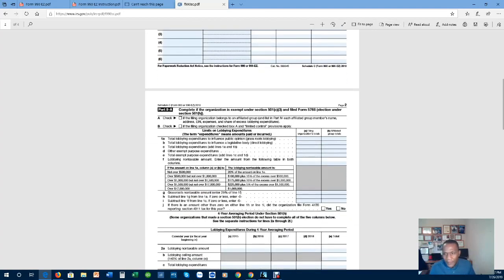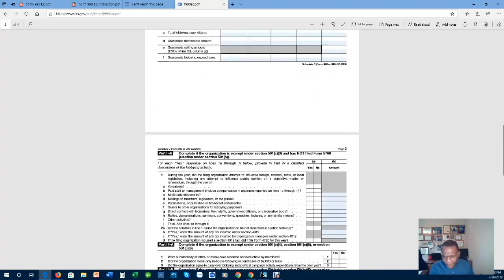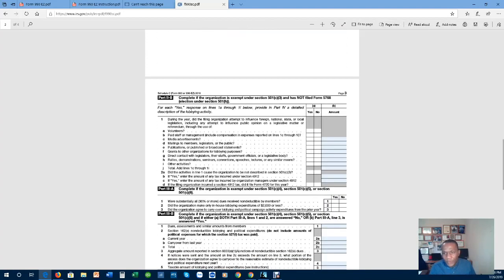Part II-A, complete this section if the organization is exempt under Section 501(c)(3) and filed Form 5768, election under Section 501(h). Part II-B would be completed if the organization is exempt under Section 501(c)(3) and has not filed Form 5768, election under Section 501(h).